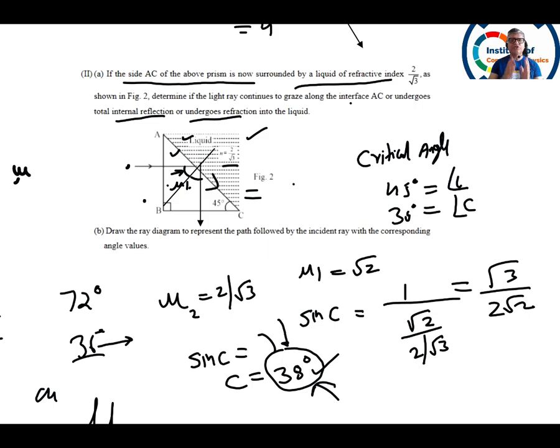So whenever you solve these questions, please be very careful that if there is a change in medium, the critical angle will change. You will need to decide whether or not total internal reflection will happen based on the new critical angle. Your angle of incidence in this question remained the same.